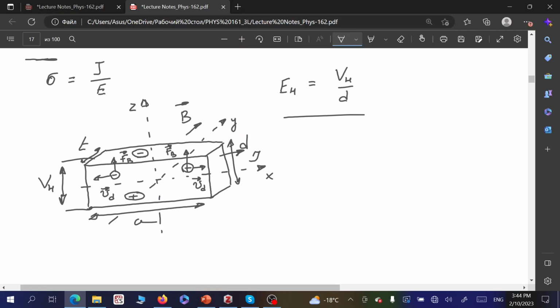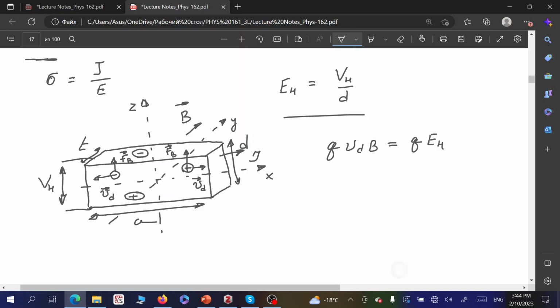So in that case, we can write that at the steady state condition, Q V_D times B, which is the magnetic force, will be equal to Q E_H. So they compensate each other, and then we get the steady state condition. Nothing is changing.